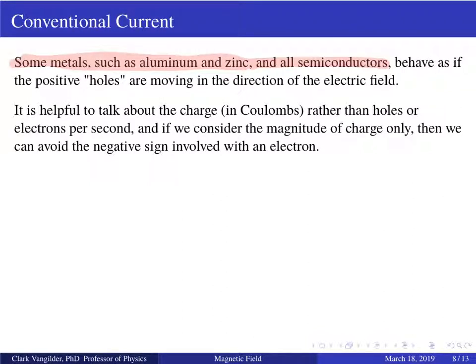And they behave strangely. In fact, their behavior is as if the positive holes are moving. It seems that way. We won't really see it in this course because we won't deal with semiconductors directly, but we'll talk about it.